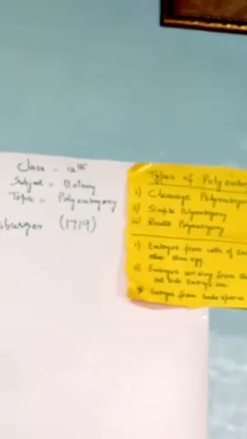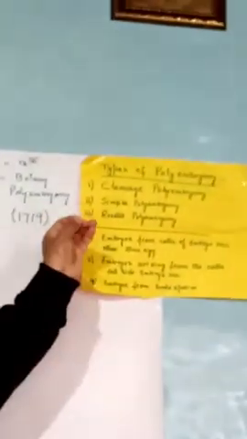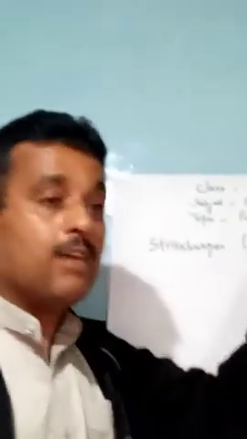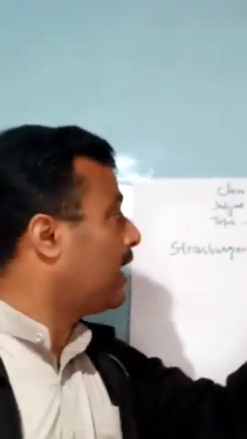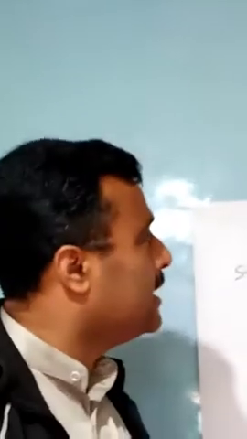Now, what happens in cleavage polyembryony? In this type, a single fertilized egg gives rise to a number of embryos, and it is most common in gymnosperms but of rare occurrence in angiosperms.